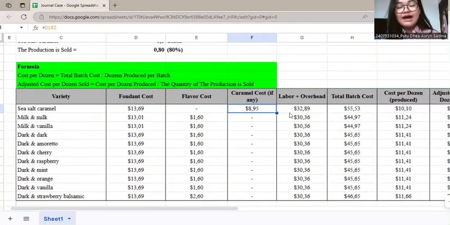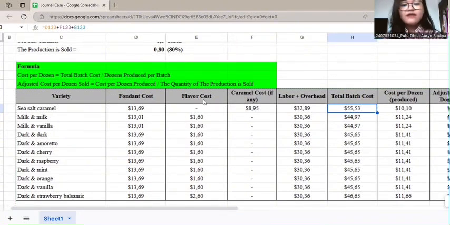The labor plus overhead is from the last calculation, again by variety. The total batch cost is the sum of the fondant cost, flavor cost, caramel cost if any, and labor plus overhead.